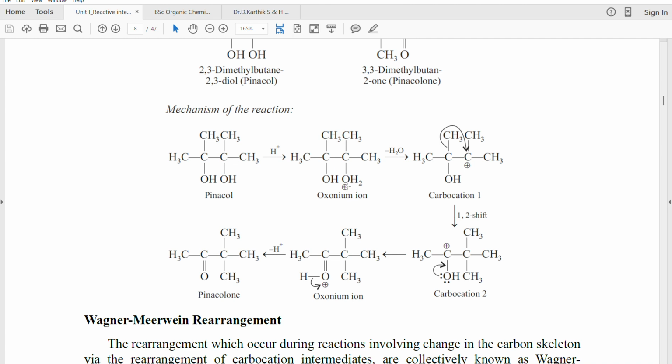When the oxonium ion forms, it takes the bond pair of electrons from this C-O bond and removes it as water. Then when this bond pair of electrons is removed, you have a positive charge on the carbon, that is the carbocation, right? So this carbocation is the secondary carbocation.